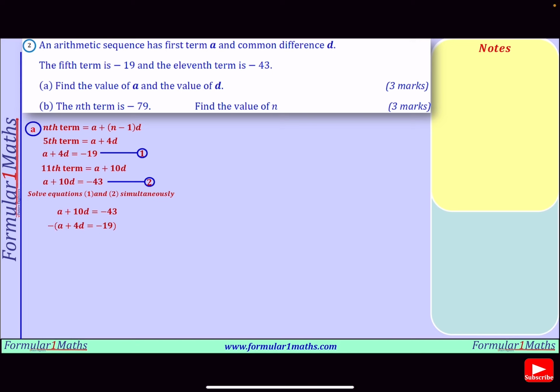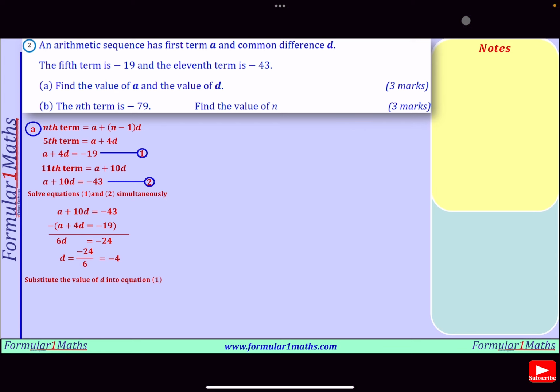So if I do that, I'm going to get a minus a is nothing, 10d minus 4d is 6d, and then minus 43 minus 19 is minus 24. I then solve for d by dividing each side of the equation by 6 to get this, evaluate to get minus 4, and so d is equal to minus 4.